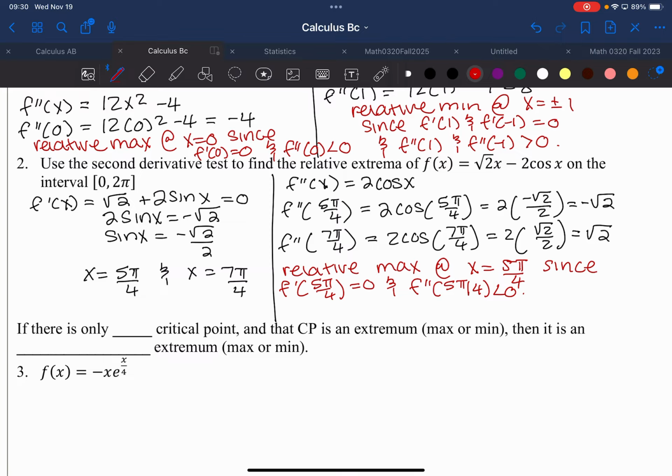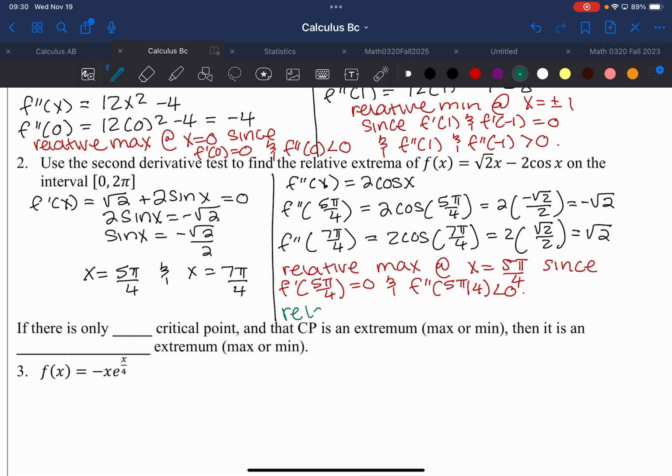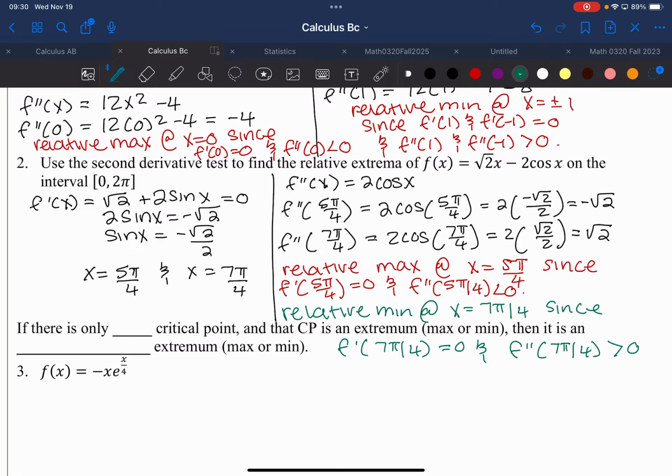Okay, which means we have a relative minimum where? 7 pi over 4. So we have a relative minimum at x equals 7 pi over 4. Since the first derivative of 7 pi over 4 equals 0, and the second derivative of 7 pi over 4 is positive or greater than 0.